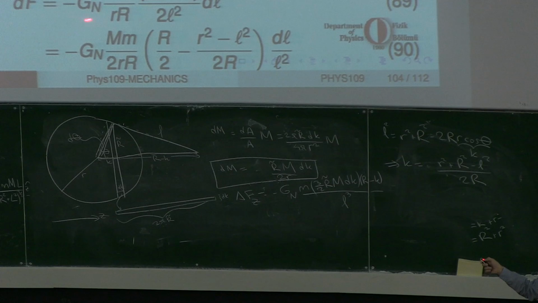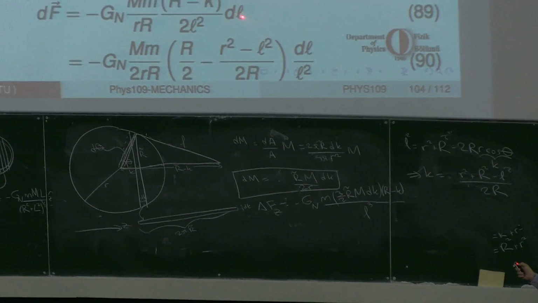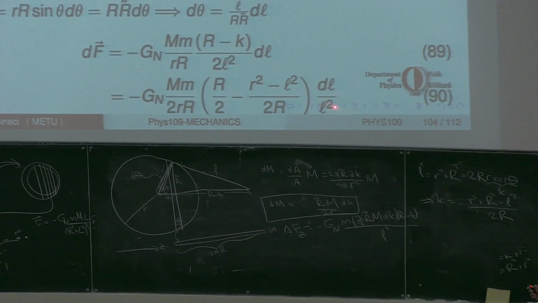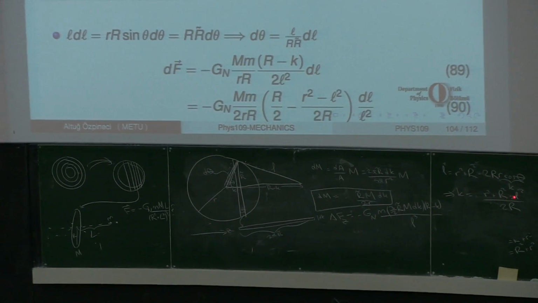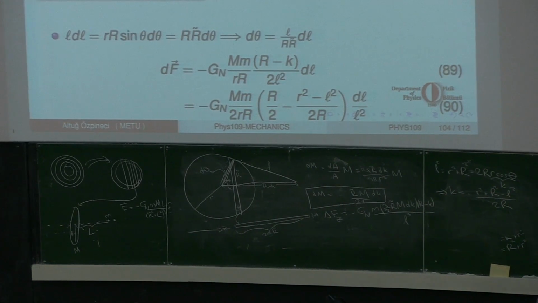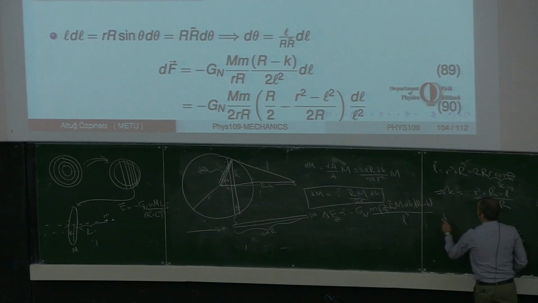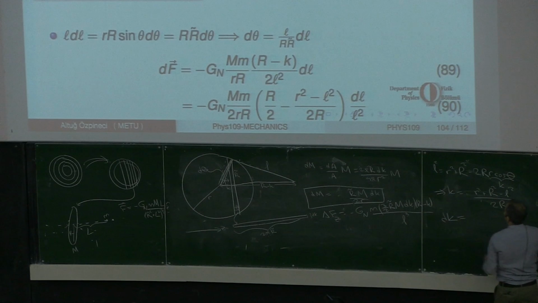So one task I'm already done. This is the force I'm trying to express. If this is the force I'm trying to express, I have to write k in terms of L. That is done. Well, kind of, I think. If k is this one, dk is nothing but... do you understand this notation, dk?